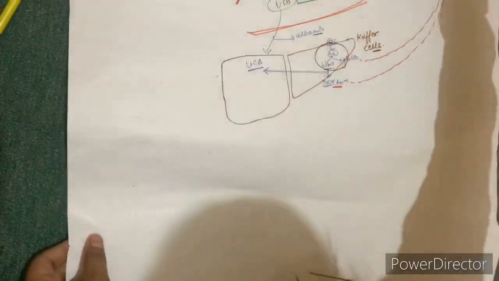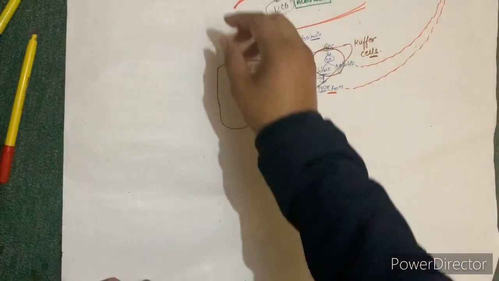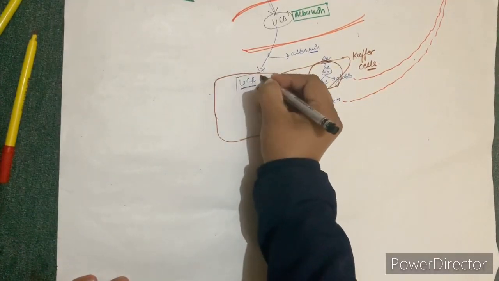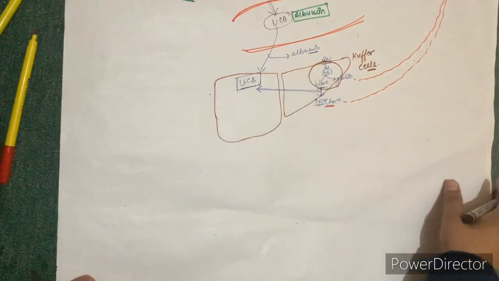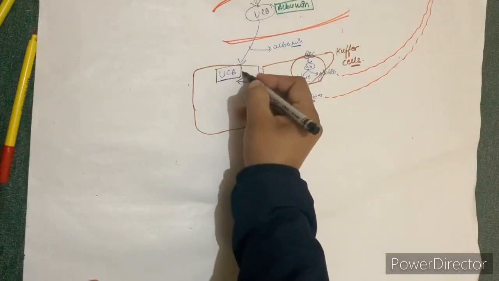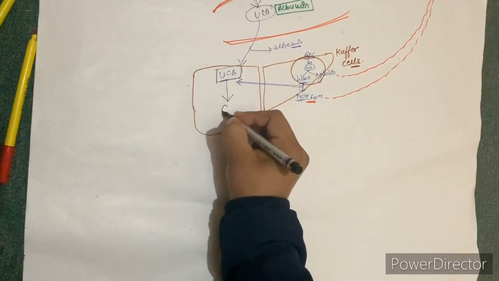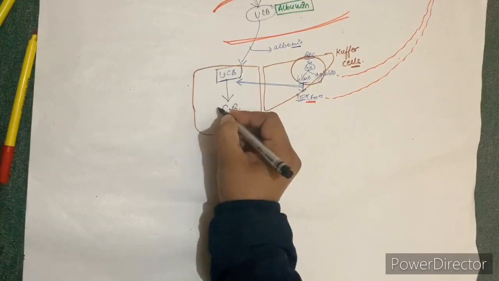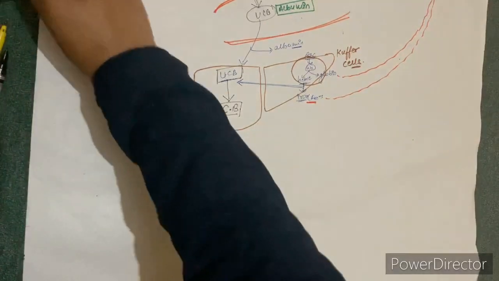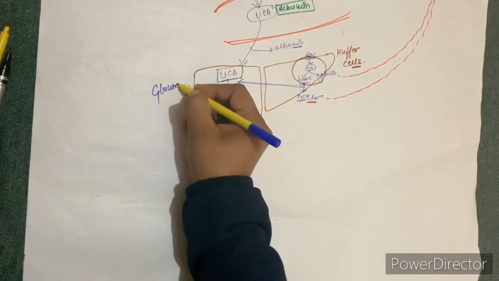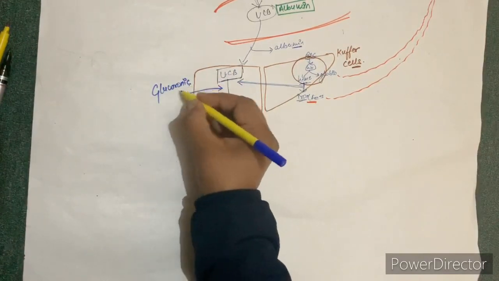Here in the liver, the metabolism of unconjugated bilirubin occurs. This unconjugated bilirubin gets converted into conjugated bilirubin with the help of glucuronic acid present in the liver.